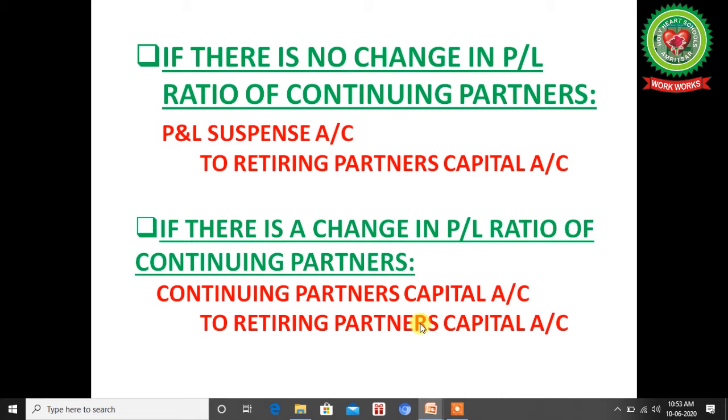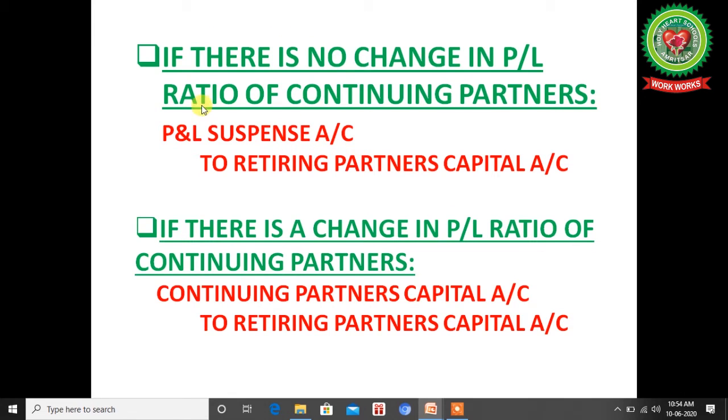So here are two cases provided to you. If there is no change in the profit ratio of continuing partners, the first case is when your continuing partners' profit and loss ratio is not changed. Then your entry here is journal entry: profit and loss suspense account to retiring partner's capital account. Here debit all losses and credit all income.